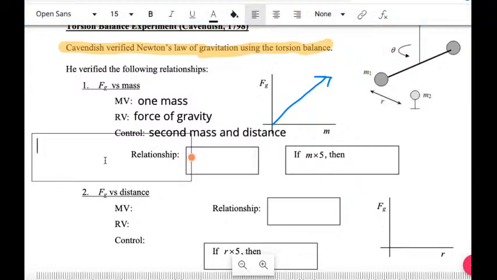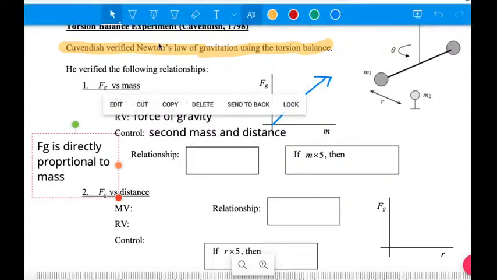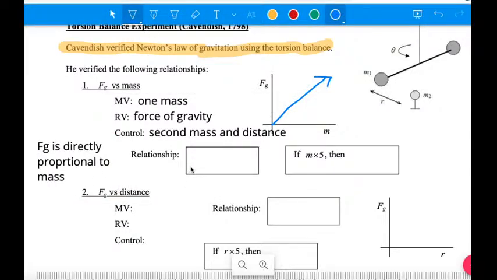Our Fg is directly proportional to mass. And we can write that as a proportionality statement. Force of gravity is proportional directly. There's our weird fish symbol for proportionality. Fg is proportional to mass.